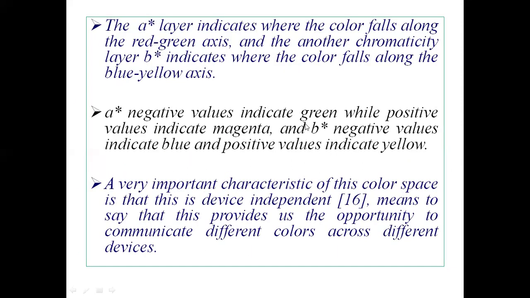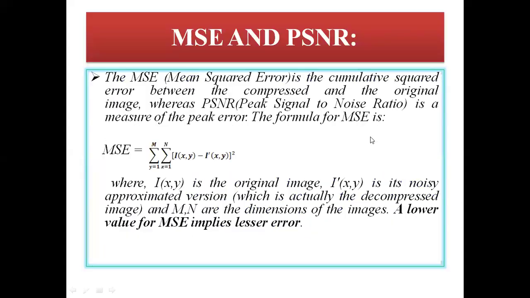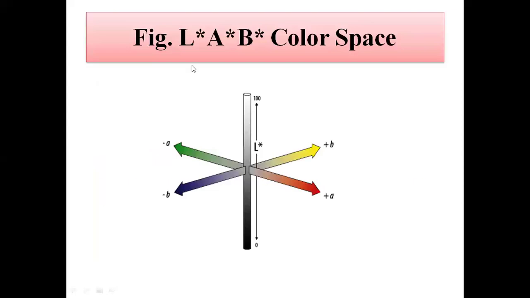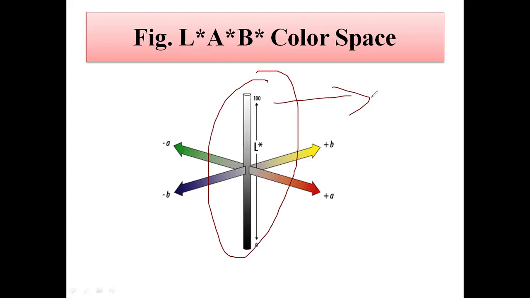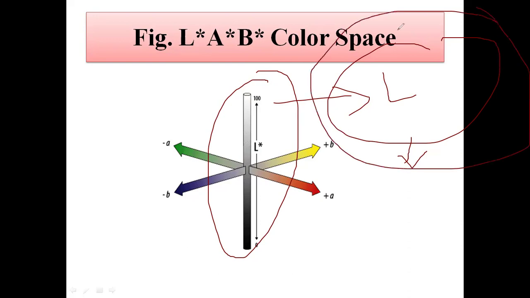Now, I hope it is clear to you. Let me tell you one more benefit of this color space: there is a separate channel L for luminance where we can deal with the intensity values. So if we want to perform some specific operation on the intensity values without affecting the colors, then we have that opportunity with this LAB color space.